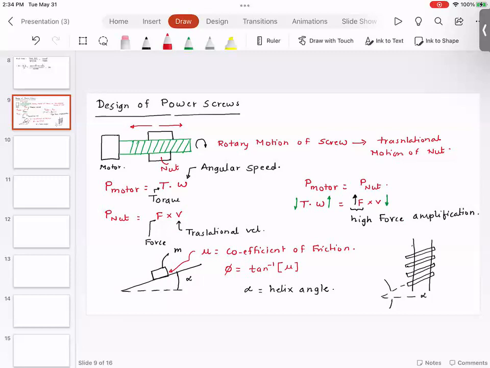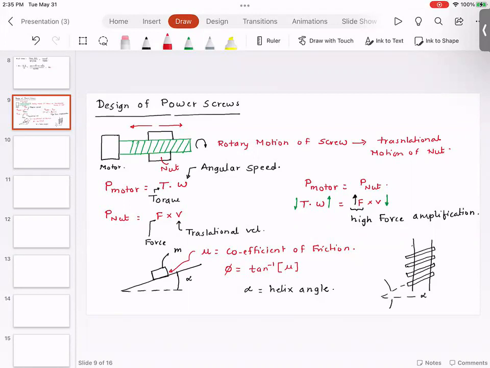But the friction force is opposing its motion. But there comes an angle at which this mass starts sliding down. And that angle is nothing but the friction angle. The friction angle is the angle at which the mass starts sliding down because of its self weight.